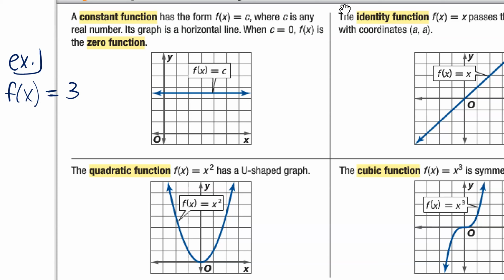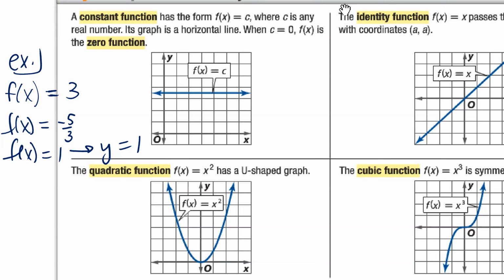It's just a flat line at y equals 3. I could have another function like f of x equals negative 5/3. It's just a flat line at a y value of negative 5/3. I could say f of x equals 1. This is the same thing as saying y equals 1. All of these are a constant function. Cool, flat line.